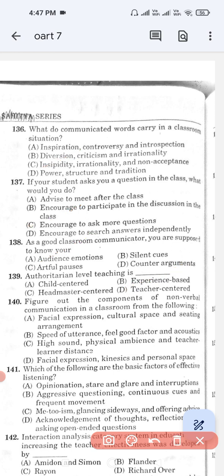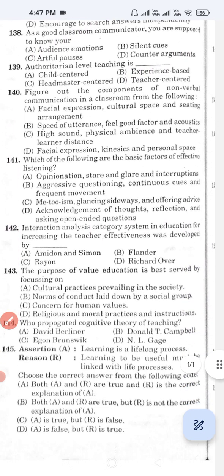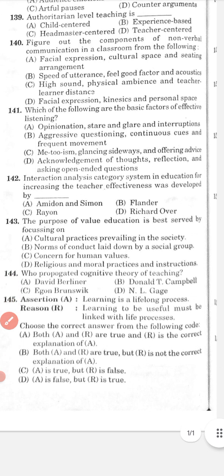Now question number 140, figure out the components of non-verbal communication in a classroom from the following. Option A, facial expression, cultural space and seating arrangement. Option B, speed of utterance, feel good factor and acoustics.